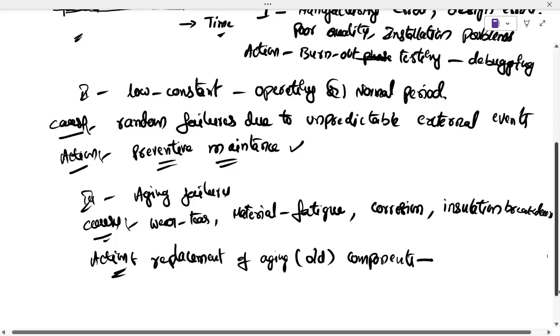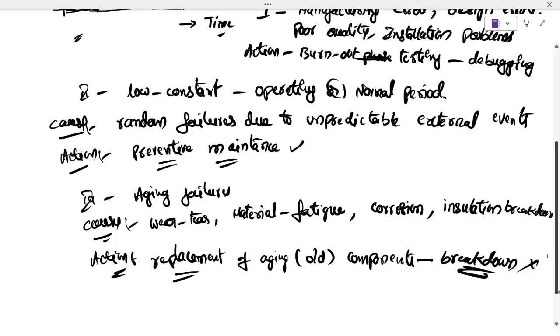Breakdown will occur. To avoid this breakdown, we need to replace these old components with new components at a certain period of time, at the end of life. Okay, this is regarding the bathtub curve.